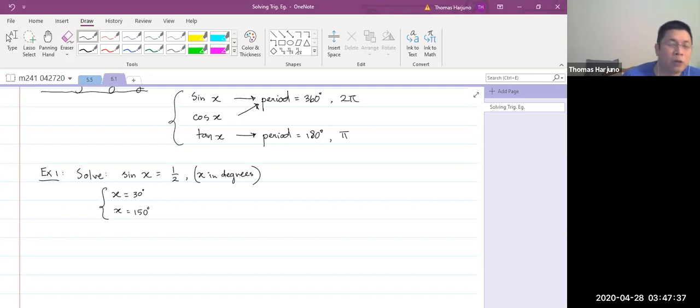Okay, now if the question says find x between 0 to 360 degrees, then we are done here. But if we want the answers in general, then we need to add the period, 360 degrees n, for n equals to an integer.